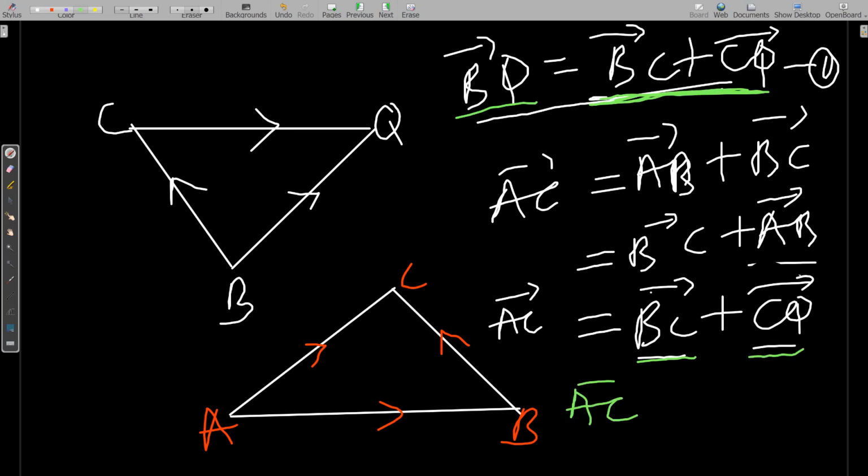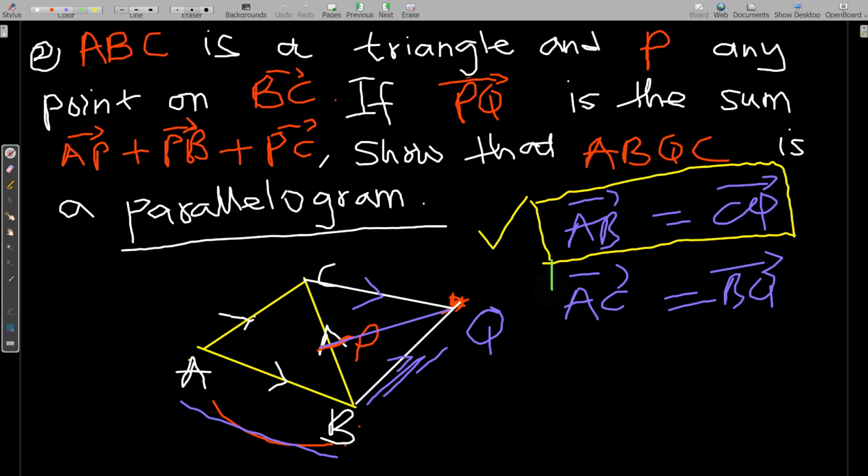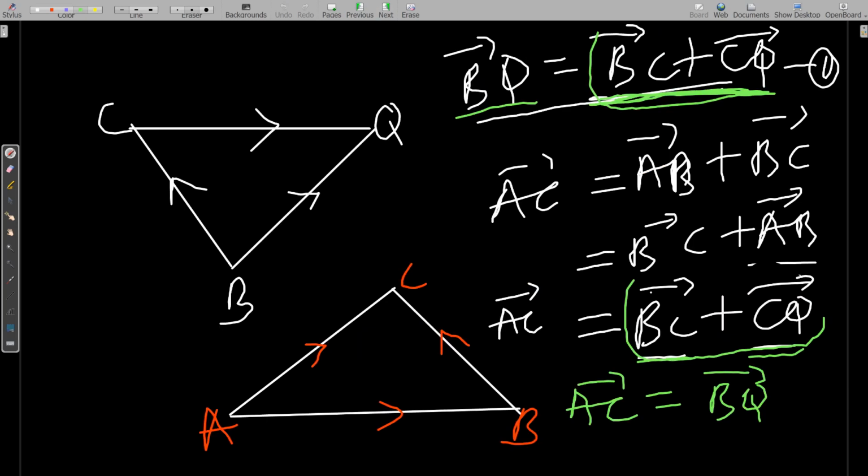Then it means that AC should actually be equal to BQ, because they have the same thing on the right side. Both of them have the same thing, and this shows that indeed AC is equal to BQ, which also satisfies the next relation we wanted to prove. So since we've been able to prove these two, it means ABQC is actually a parallelogram. I hope you understood this.